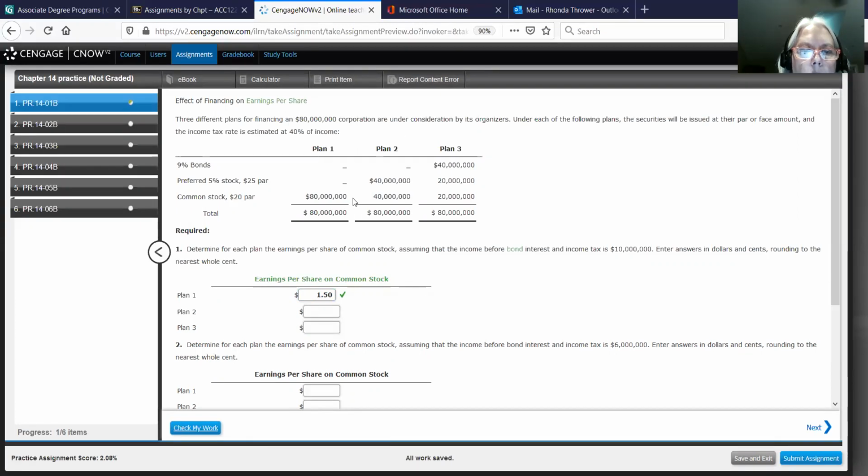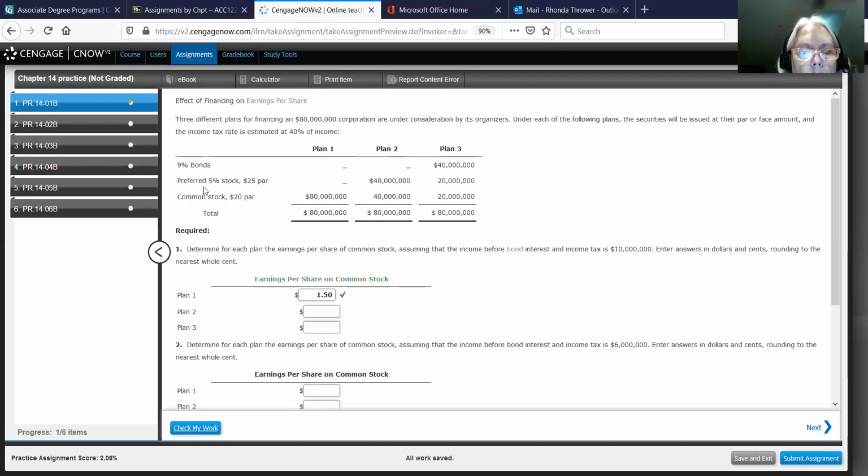In plan number 2, we're disregarding plan number 1. We're going to plan number 2 now. This time, we have decided that we could possibly raise $80 million by selling $40 million in preferred stock.